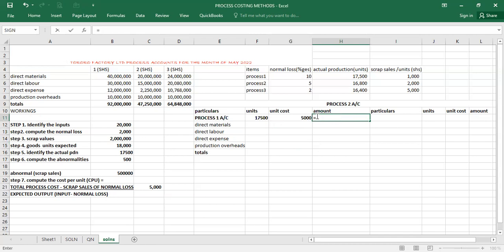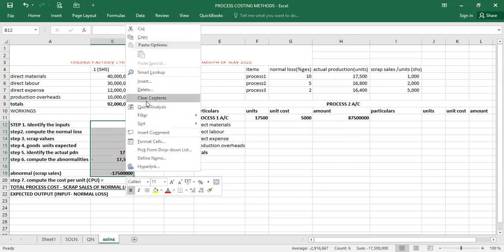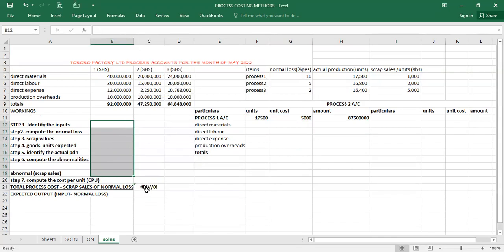The cost was equal sign this multiply by this. Let's enter and we get that. So we also have to change the whole of these ones. Clear the information and we'll be having 0 so that we start afresh.